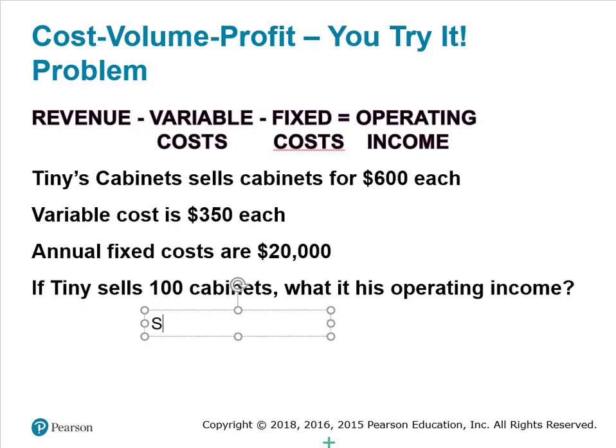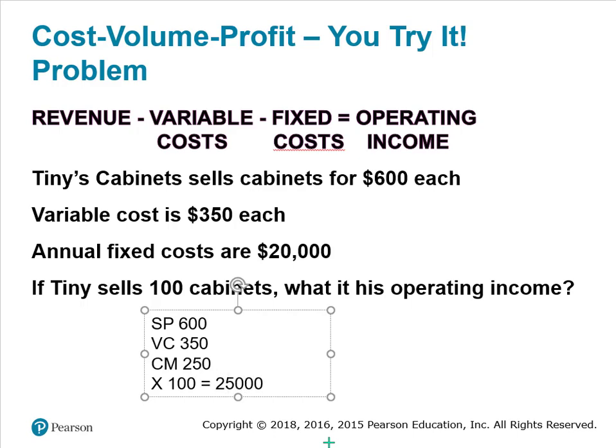So if the selling price is 600 and the variable cost is 350, then my contribution margin is 250. If I multiply that times 100 cabinets, it equals $25,000. Then 25,000 minus the fixed costs.